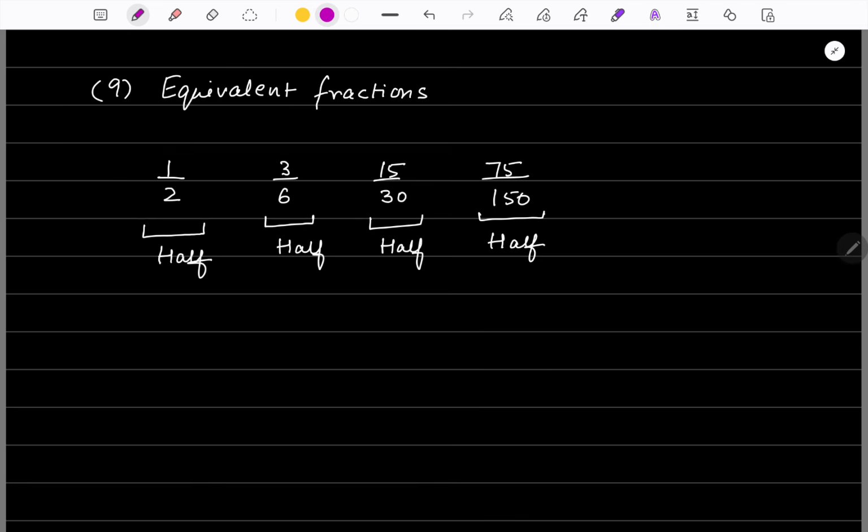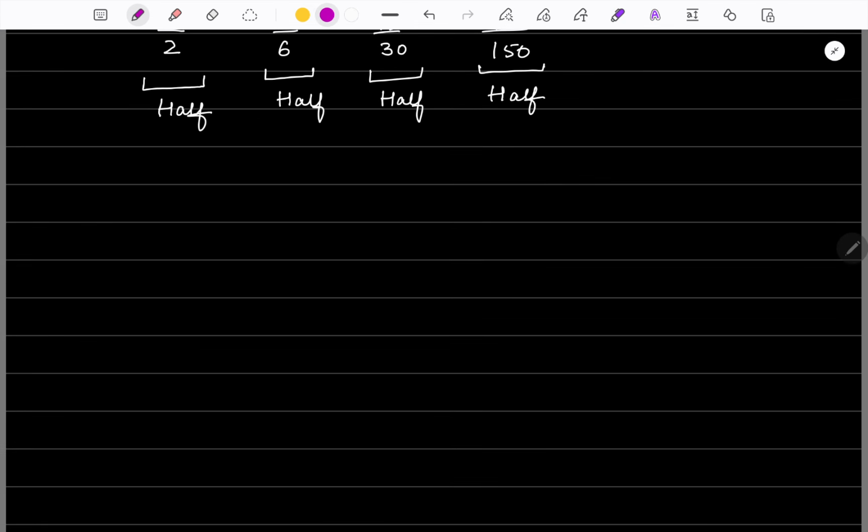Now since we will be using equivalent fractions a lot in the coming lessons, let's understand a few things here. We would want to convert any fraction into equivalent forms. So how do we convert any given fraction into its equivalent forms? There are two methods for it.